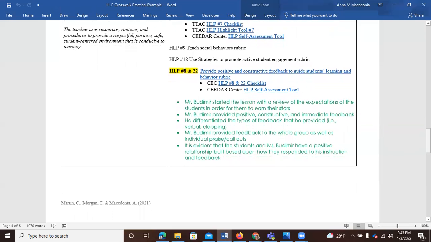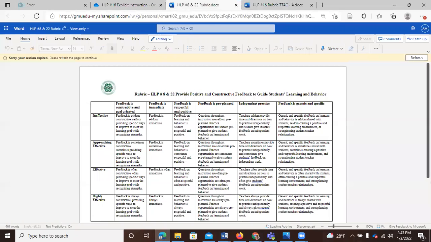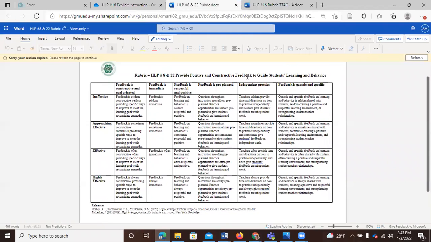So this rubric, again, if you look across the columns, gives you different types of directives as well as the ratings from ineffective to highly effective. If we were specifically looking at feedback is immediate, for example, we could look at each description of each category and make a determination of where we would think Mr. Budimir would be.